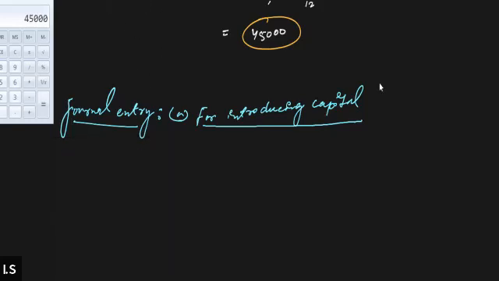So the general entry for bringing capital is cash account debit, to who are the new partners? D and E are new partners. So we'll write down D's capital account to E's capital account.